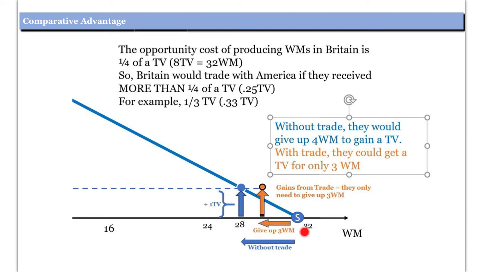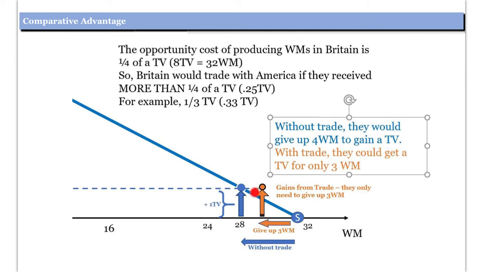Britain is going to be producing 32 washing machines. Without trade, they would have to give up 4 in order to gain their 1 television. If they were able to trade with America, and remember America was happy with this, they would give up 3 washing machines to get their 1 television.